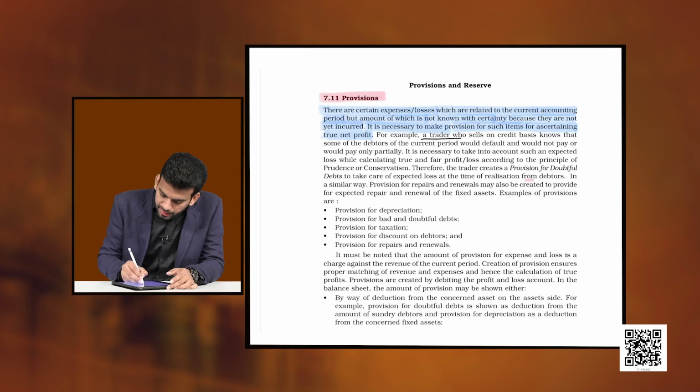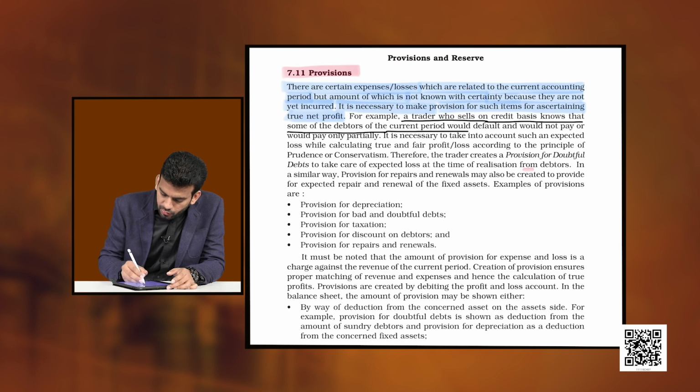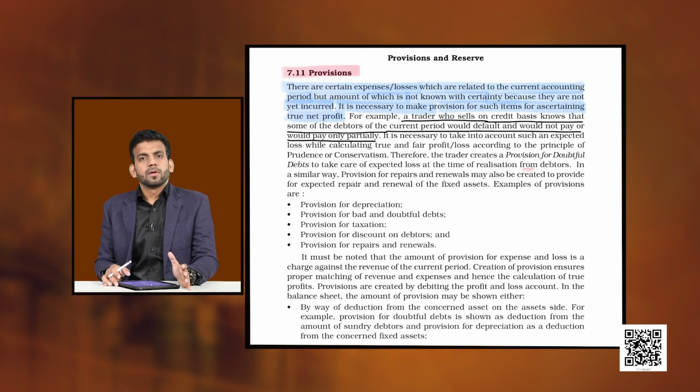Let's understand this by an example. A trader who sells on credit knows that some of the debtors of the current period would default and would not pay or would pay only partially. Suppose you are a trader, you are selling goods on credit for a very long period of time, and you know the behavior of consumers in the market.